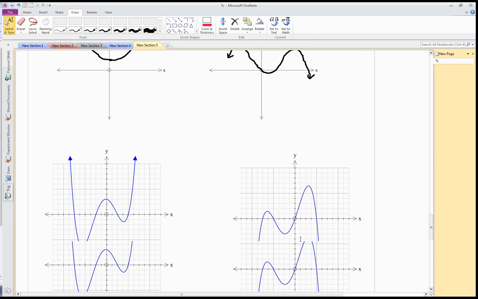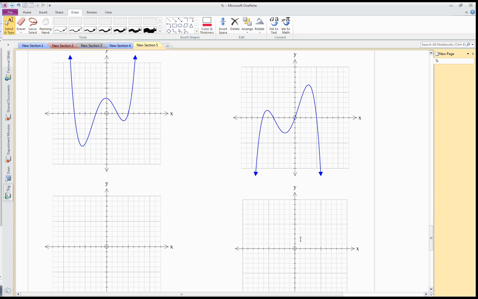Right, let's look at another couple. These ones have got lots of information in them. So we've got a point here, a point here, a point there, and a point there. So we're going to have 1, 2, 3, 4 turning points, and we're going to have 1, 2, 3 points of inflection.